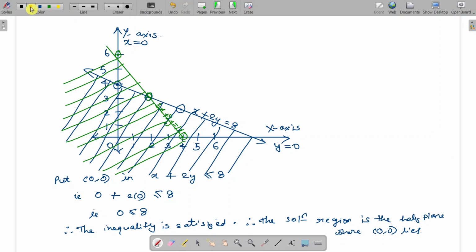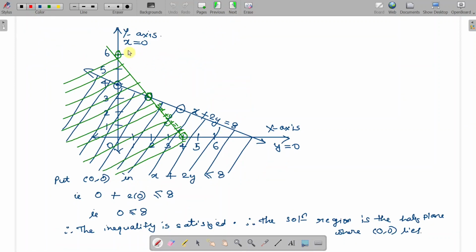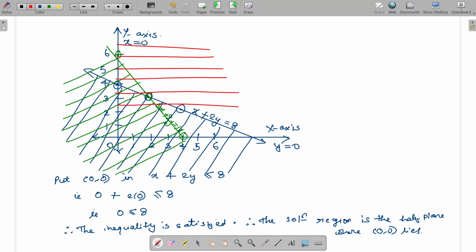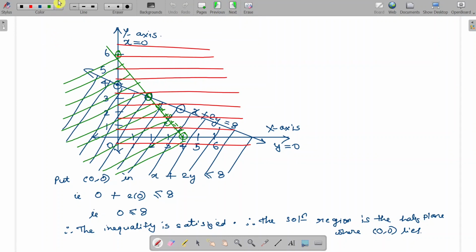Now for the third line x equal to 0, and if x is greater than or equal to 0, the solution region is on the right hand side of the y axis. So that is here. And for y greater than or equal to 0, the solution region is above the x axis, that is this.